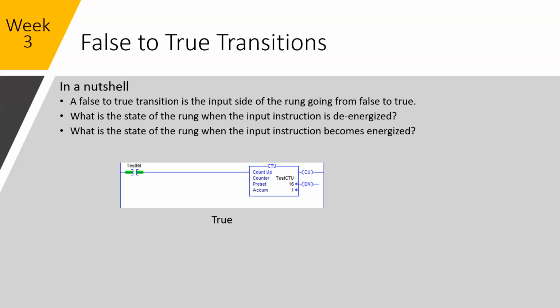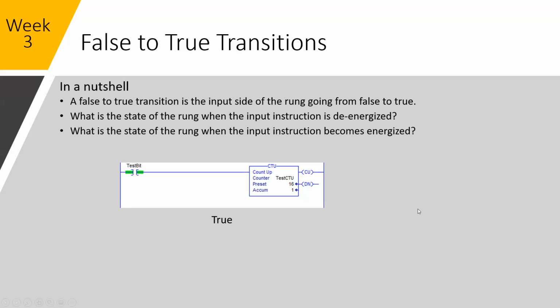So when it moves from false to true, you can see here where the test bit goes from false to true, on that rising edge, on that transition, that's when the counter counts. So the counter accumulator went up to 1 from 0 on a rising edge.